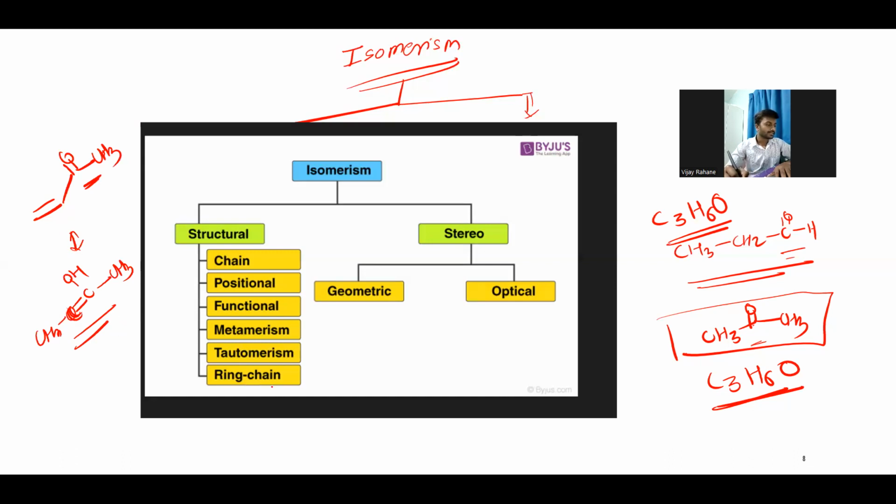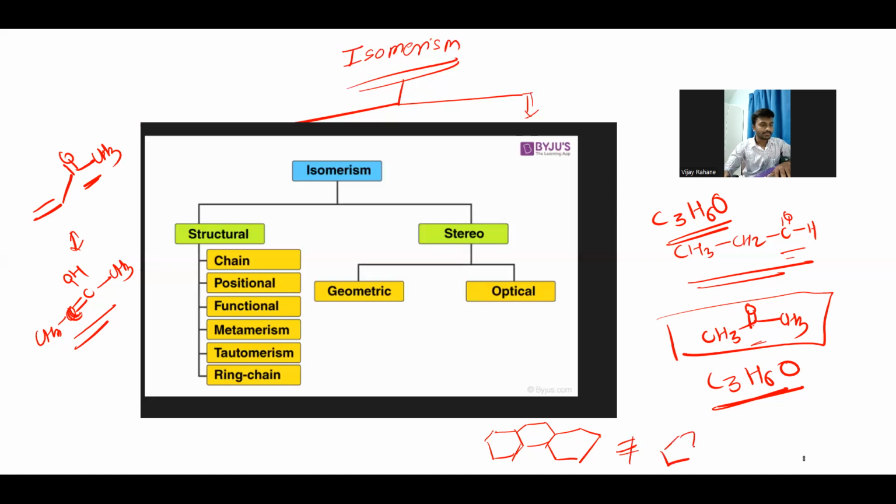And ring-chain isomerism, let's say a compound having this example. So this is one isomer, and this is one molecule which has the isomer. In this way you can see the attachment of the bond like this.